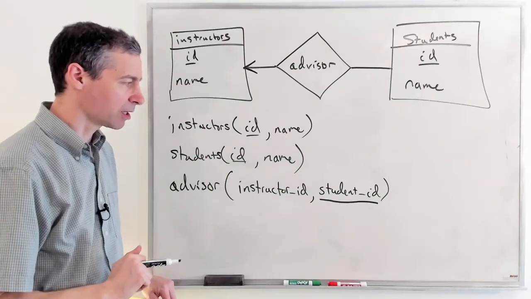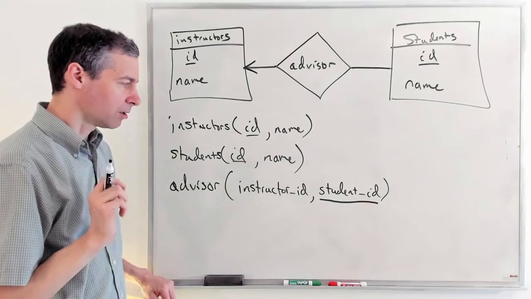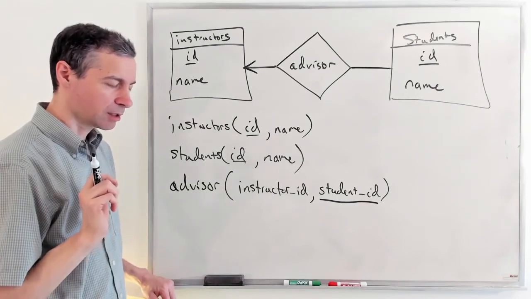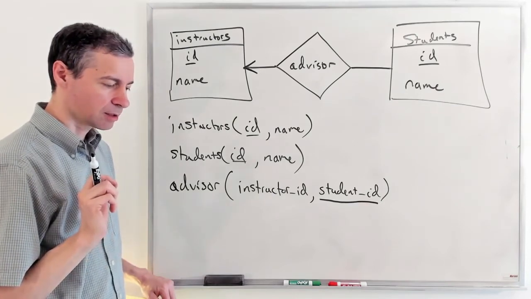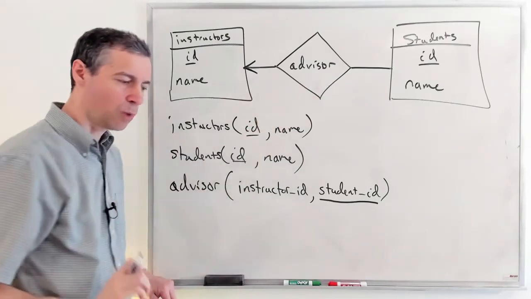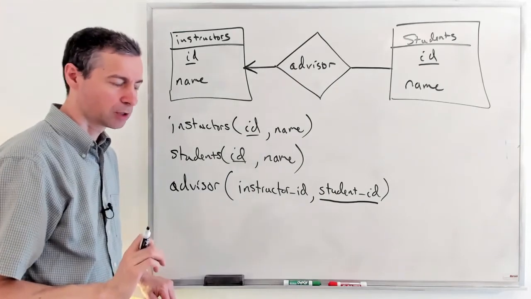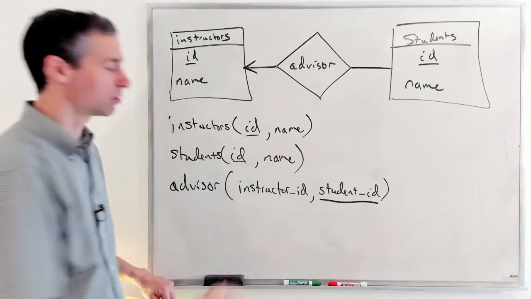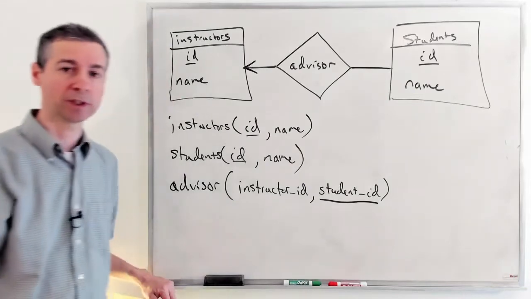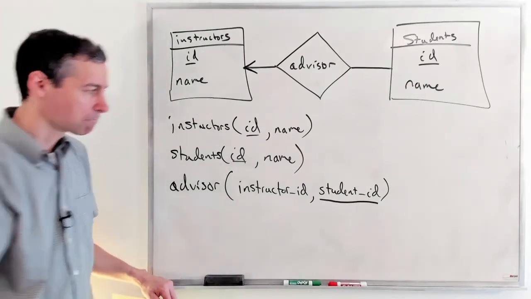But now let's think about it. If I want to join and I want to find an individual row in this relationship set, what identifies an individual row? Well, certainly we always know that we could take all the columns and we would get a primary key, but that's not what we want.